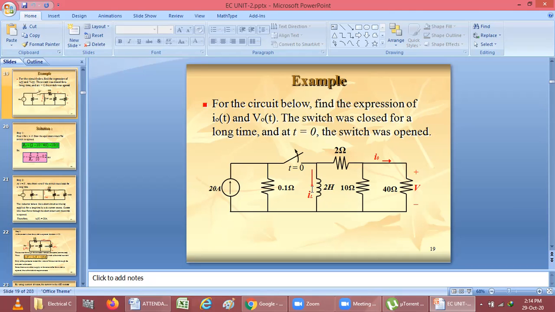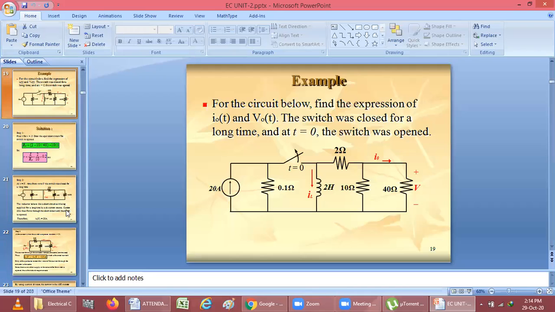If you short this inductor, these two resistors will be in series, क्योंकि ये पूरा as a wire consider होगा, and 2 and 10 will be in series, and that will be in parallel with 40 ohm.